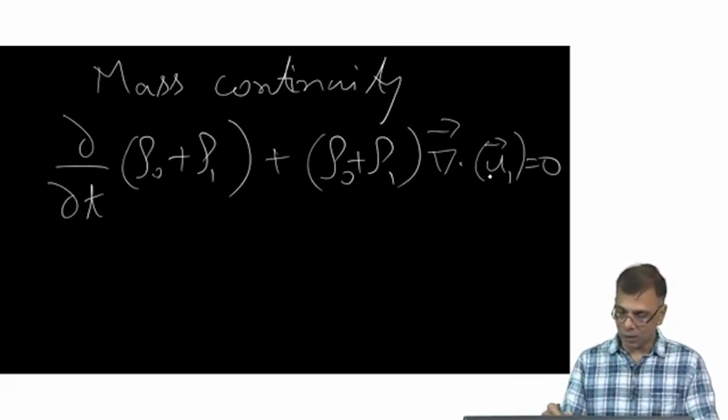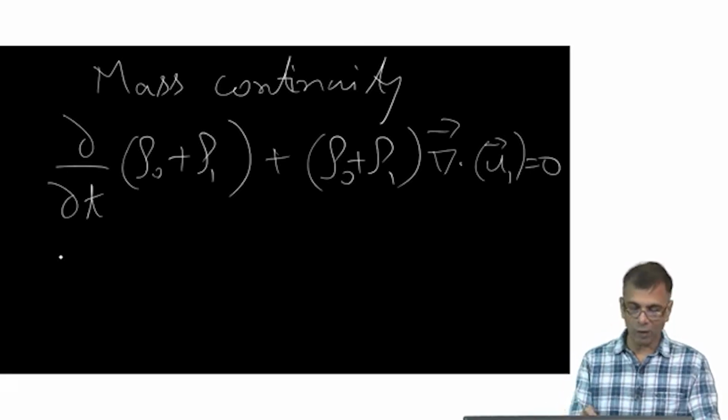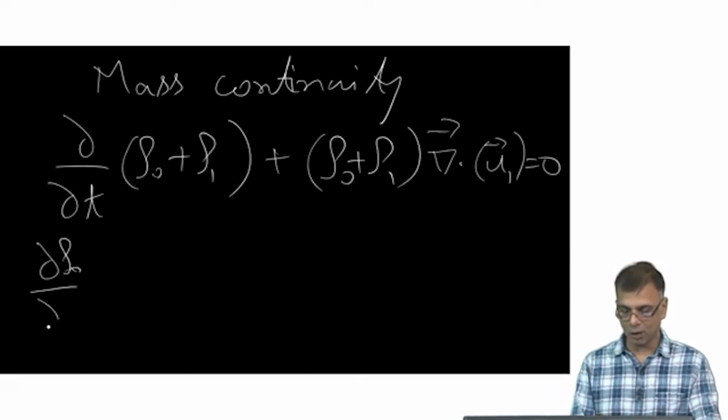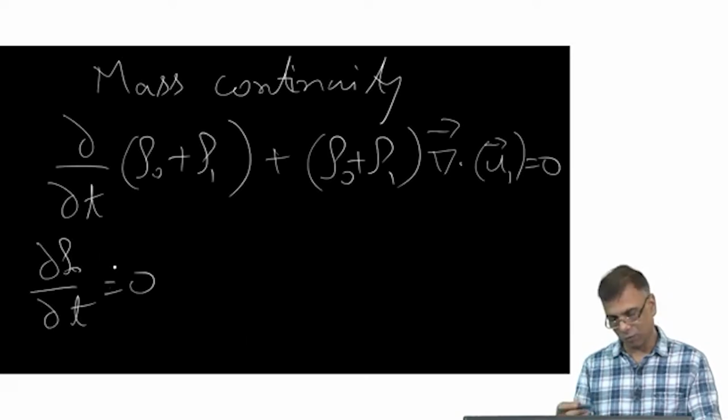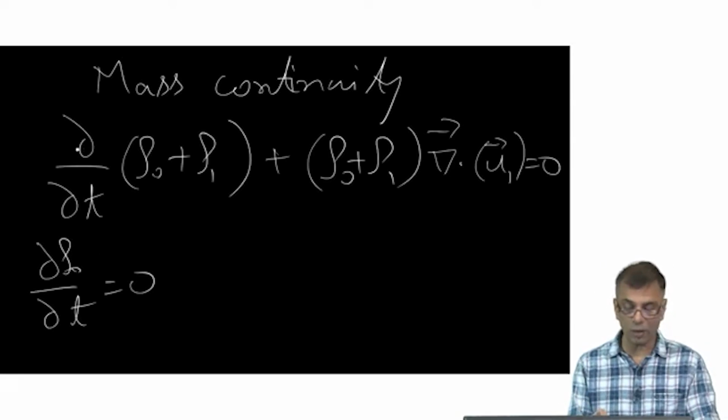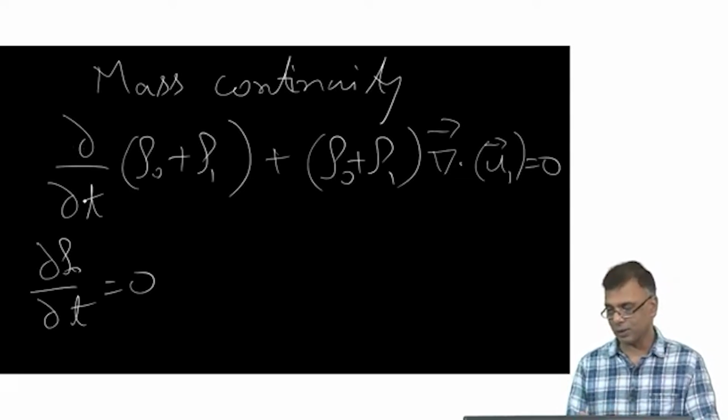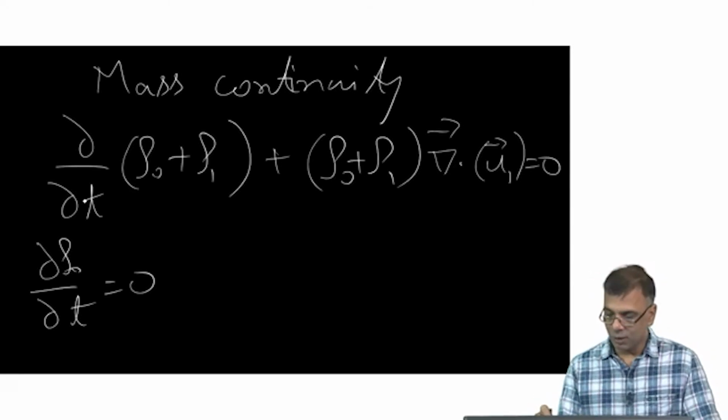Now first of all, as a consequence of the uniformity of rho 0, d rho naught dt equals 0, of course, whereas we're not saying anything about d rho 1 over dt, we retain that as it is.